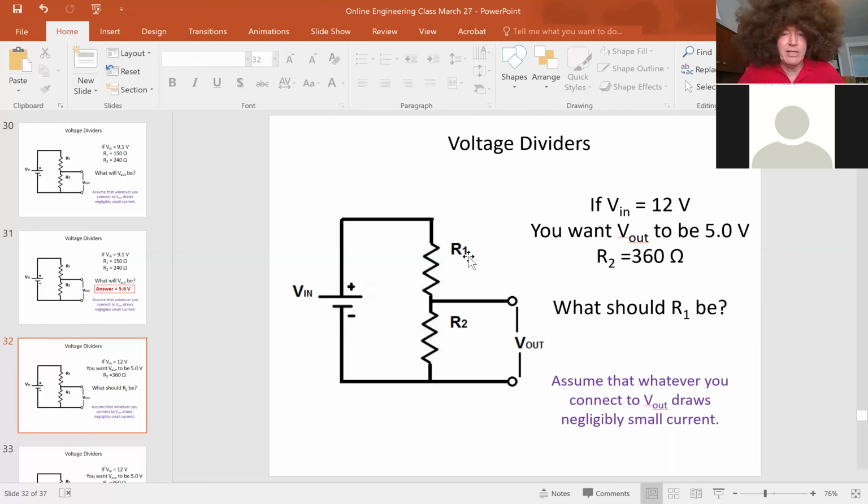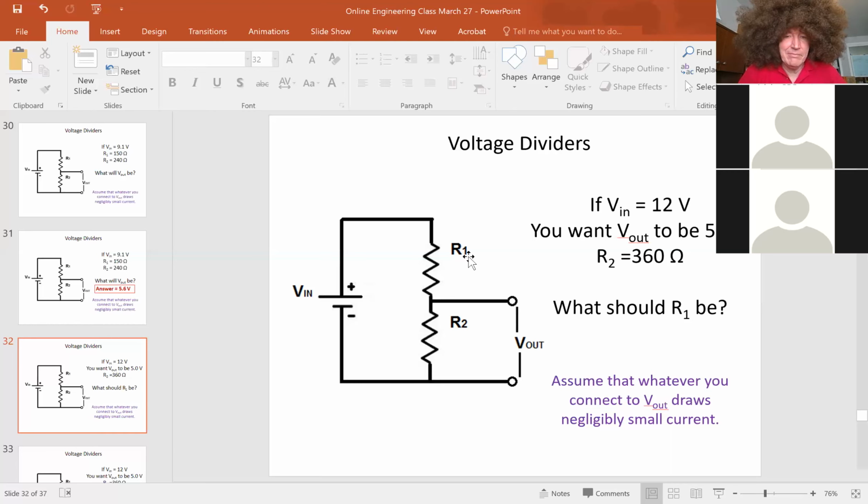Or if you want, type it in, but microphones are better. Yes. Can you hear me? Yeah, I can hear you. Go ahead. Okay. Well, you just use algebra. First you calculate over the entire circuit, so 5 equals whatever your current is times 360.